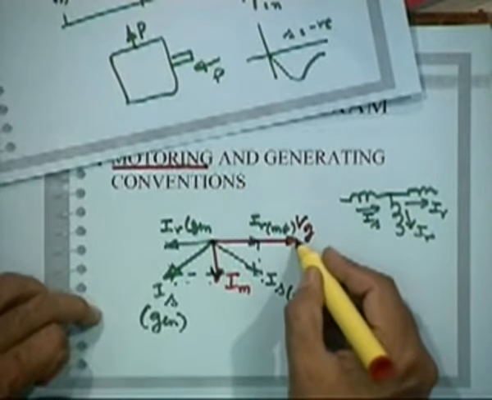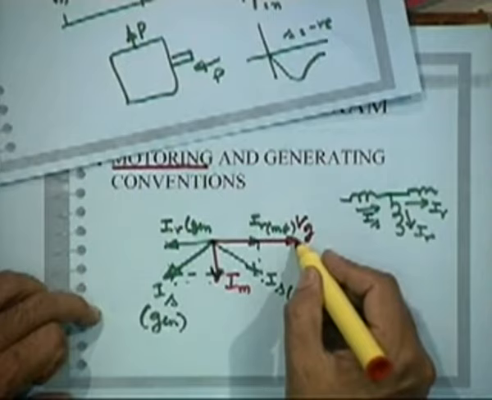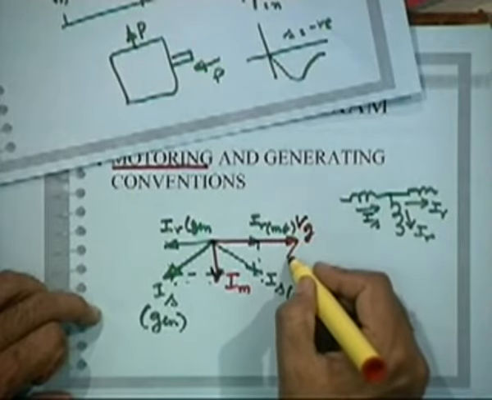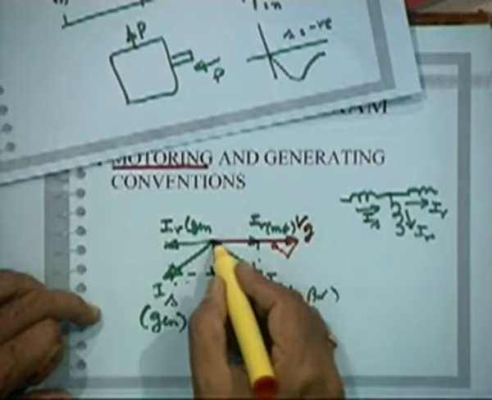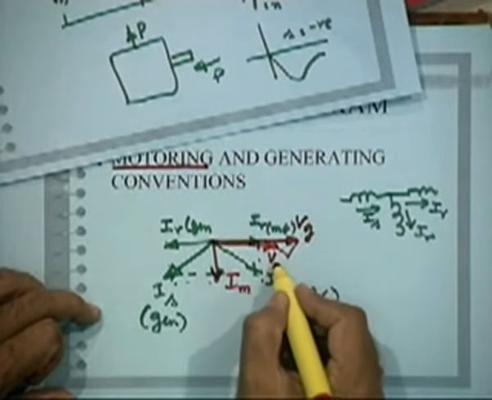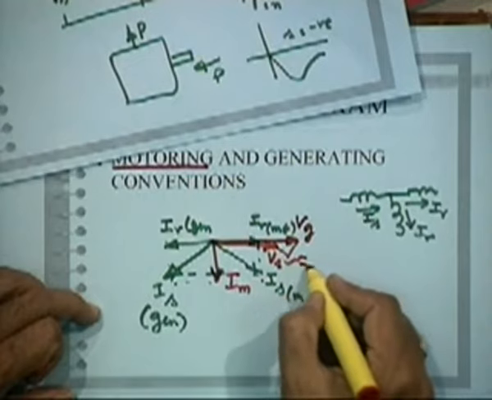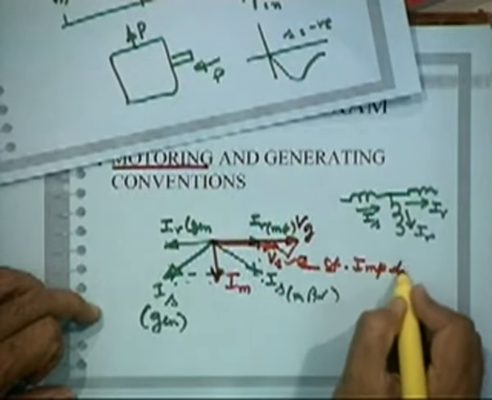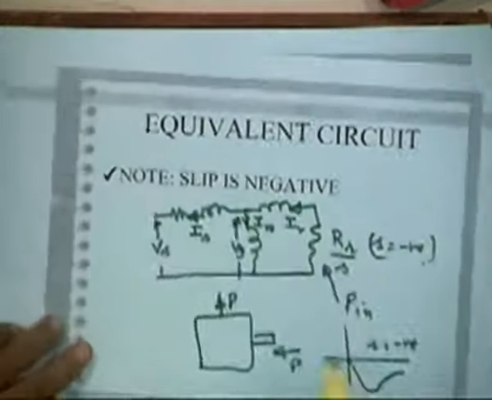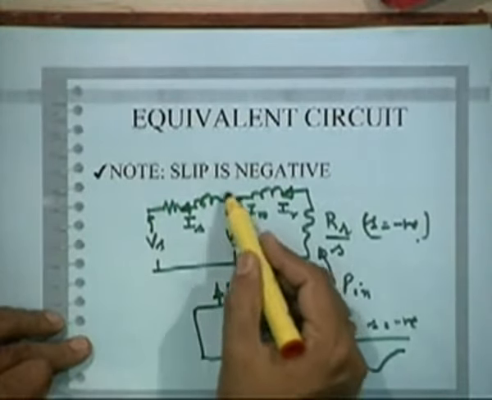You add that, so maybe here, and you will have some Vs here. This is the stator impedance drop, because you have to add this drop to the Vg.